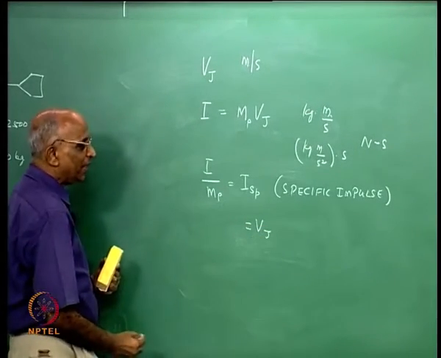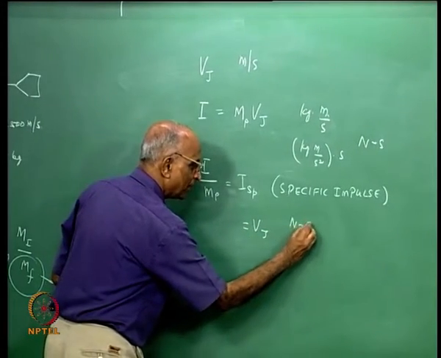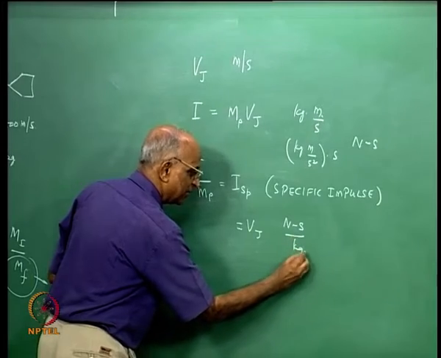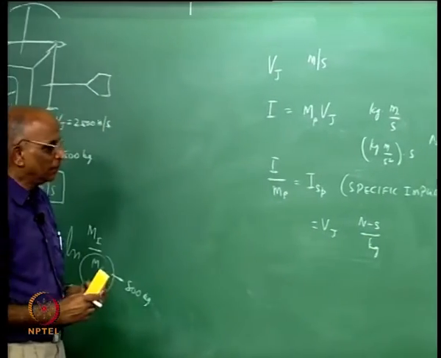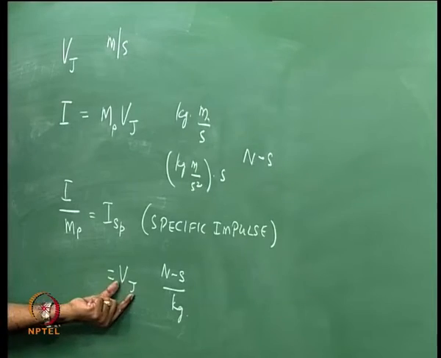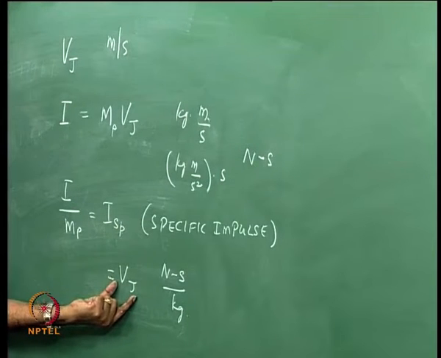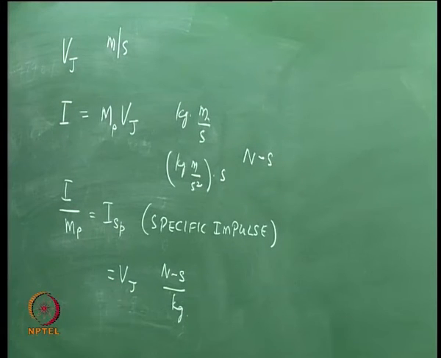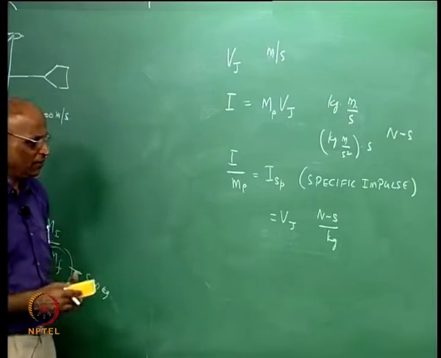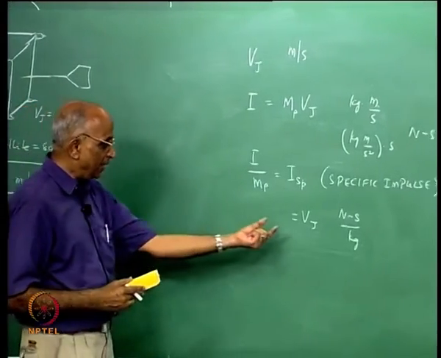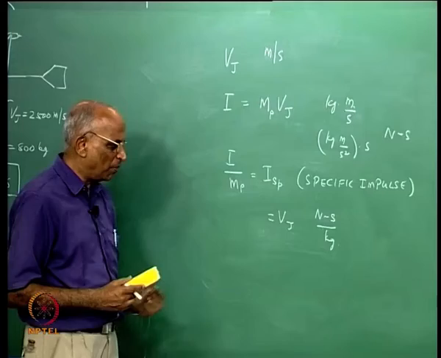And what is the unit I get? Newton second by kg. Therefore, you find that the jet velocity and specific impulse are the same. We will make some corrections for it after we consider the mechanism of flow taking place in a rocket. We find that it may not be identical, but this is the way to go about it.